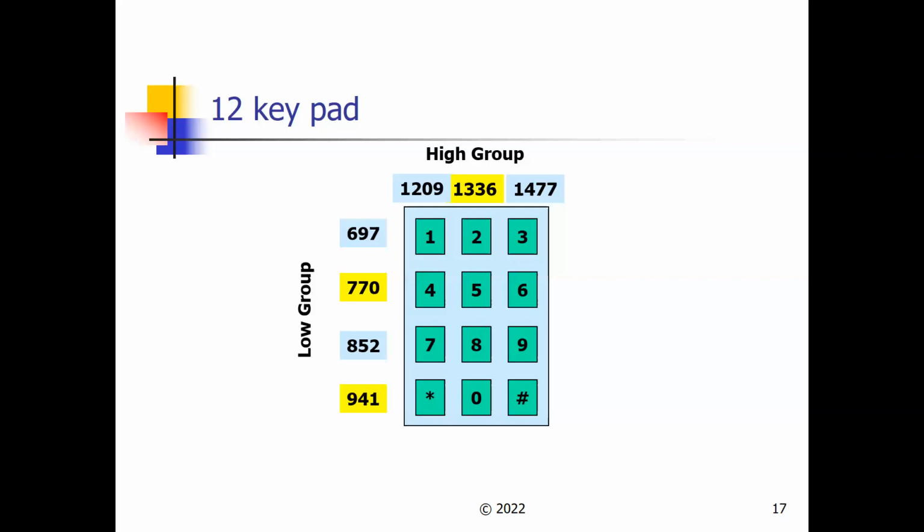Secondly, they create tones that are outside of the normal voice range of a human being, so it will not interfere with the audio of speech. When somebody's talking, it's almost impossible to generate this group of frequencies by speaking to somebody else.